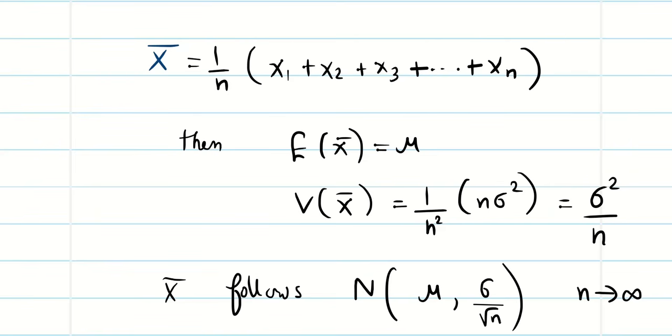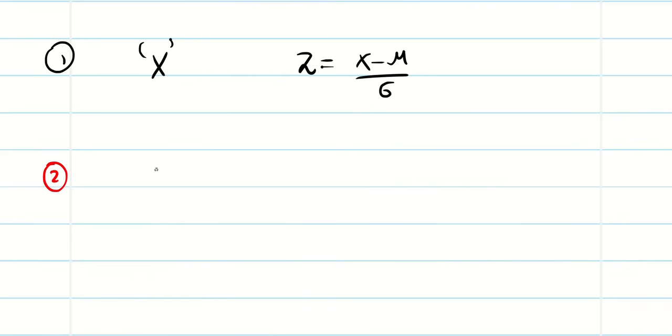Okay, so this is the corollary. Now let us go into the main picture. If it is a normal distribution, we have a single random variable x, so we use z is equal to x minus mu by sigma. This is in unit 2. Now, suppose in your exam, if x bar is given, then we have to replace x by x bar.